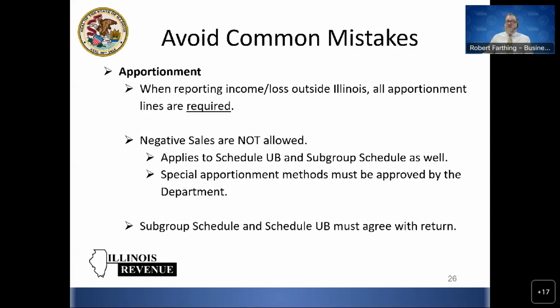When completing apportionment, you should also not have negative sales or negative sales factors. This includes the Schedule UB and the subgroup schedule. Any special apportionment methods must be approved by the department. Be sure to verify that the Schedule UB and the subgroup schedule are in agreement with your main return. Next slide.